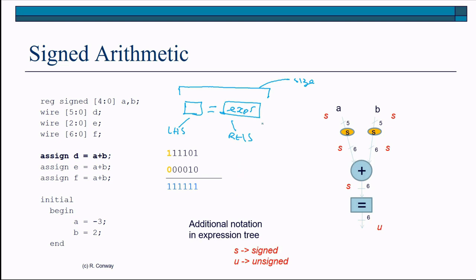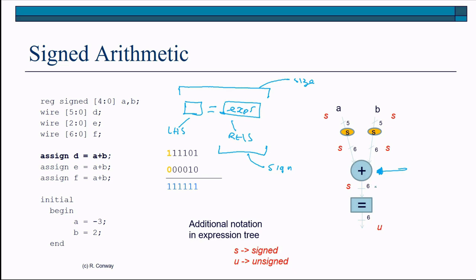When it comes to determining the sign for an arithmetic operation, Verilog only looks to the right hand side. So for the sign, we do not consider information on the left hand side. Even though the sign for the left hand side in our example is unsigned, this does not influence whether the arithmetic operation is signed or unsigned.